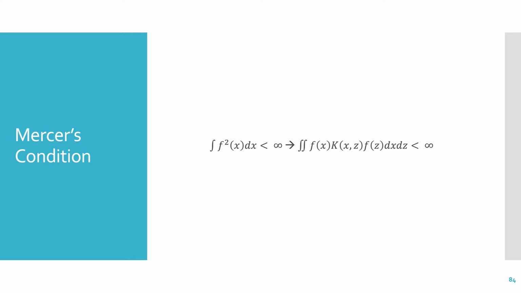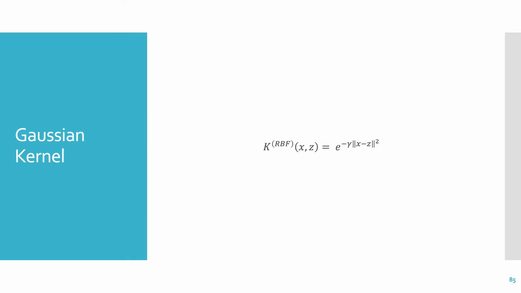It seems like this came out of nowhere, but trust me on this, they're equivalent definitions. We're not going to go deep into this, but this allows us to find better kernels, more interesting kernels. We can use Mercer's condition to show that the Gaussian kernel, also known as RBF kernel, radial basis function kernel, is also positive semi-definite.